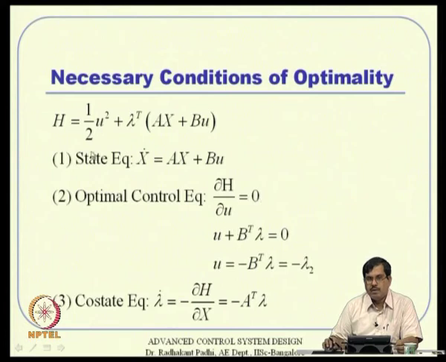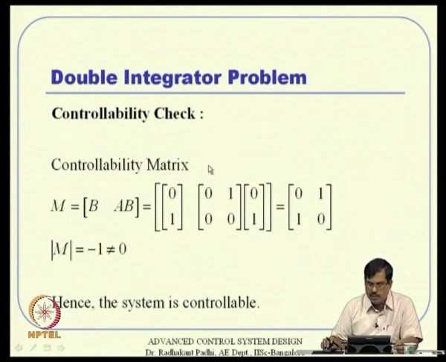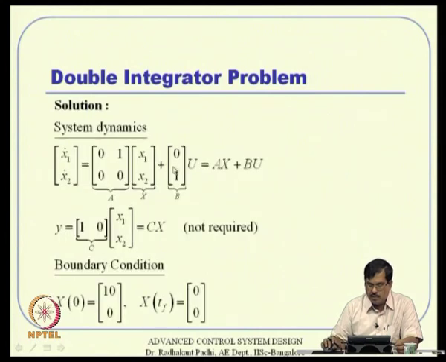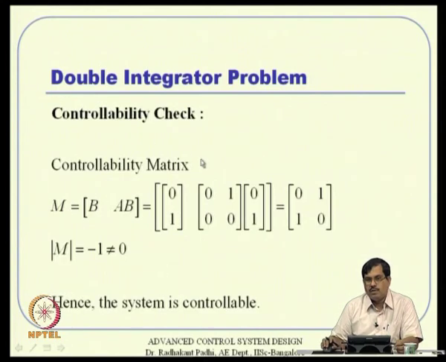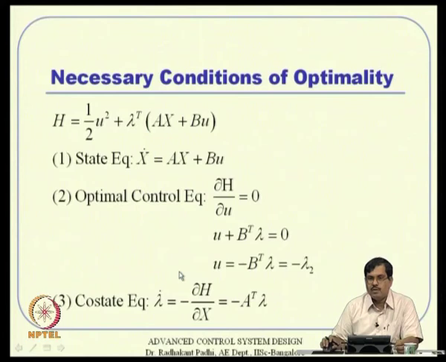If you apply this here, the first term is u, and the second term is B transpose lambda. So u plus B transpose lambda is 0, so u equals minus B transpose lambda. Because B is in this form, B transpose is [0 1], so B transpose lambda is essentially lambda 2. So if you know lambda 2, the negative of that is your optimal control.